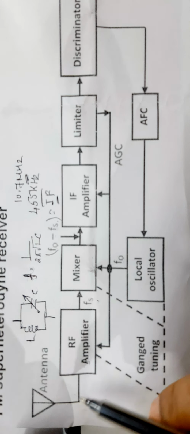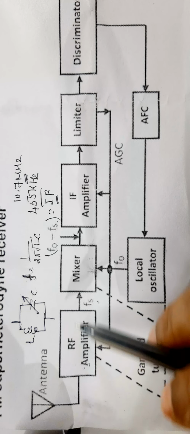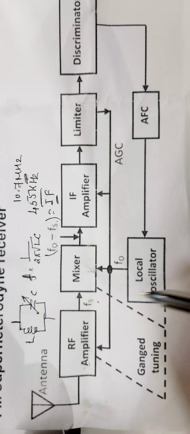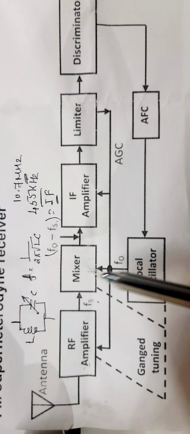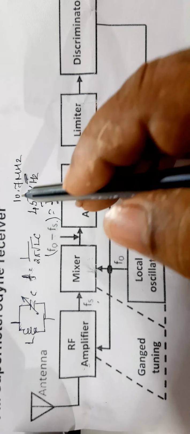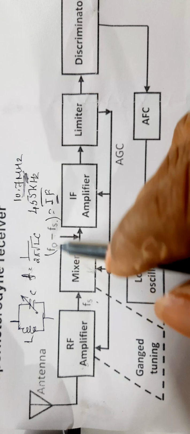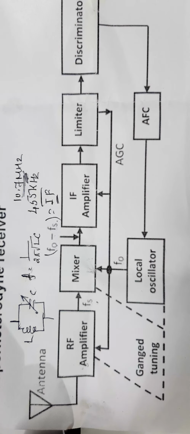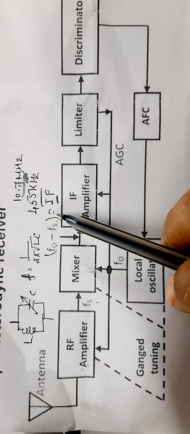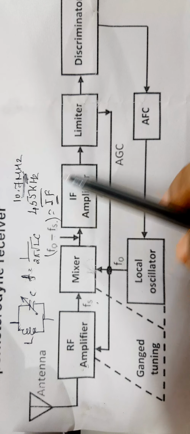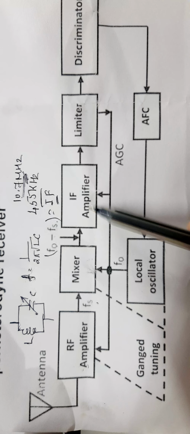That is, whatever the signal received from the antenna, you have to create a local oscillator frequency F0 such that the difference should be 10.7 megahertz. That is called intermediate frequency. Now, this intermediate frequency is amplified by an amplifier circuit.